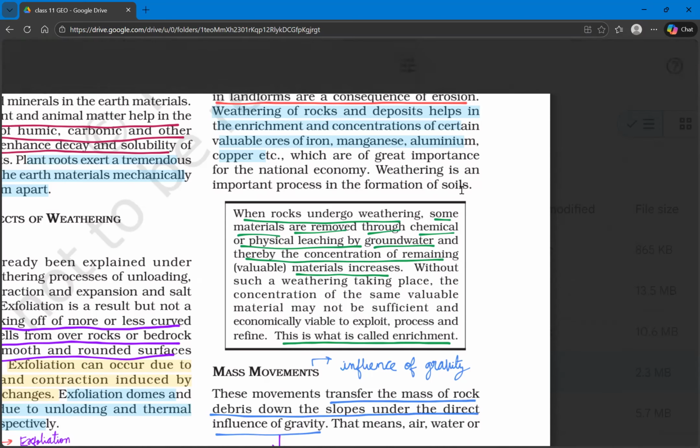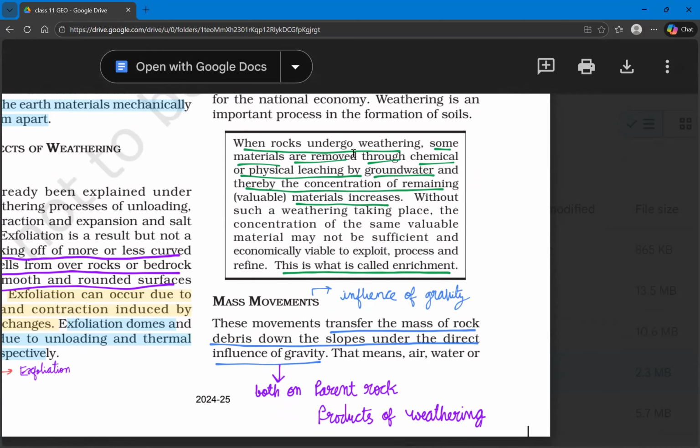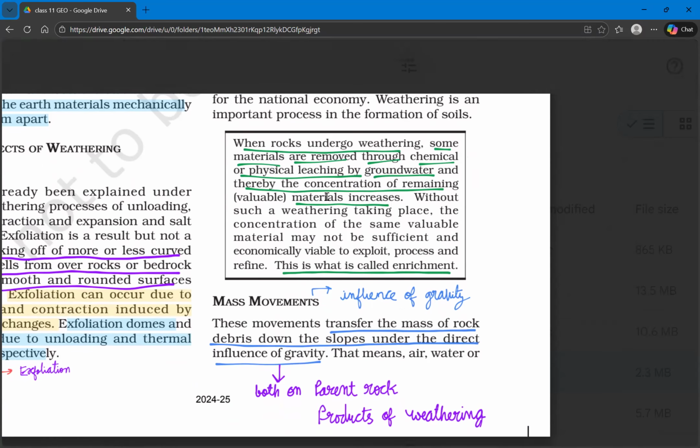So with weathering, there will be fragmentation of rocks, which later makes for the formation of soil also. When rocks undergo weathering, some materials are removed. So it is basically the result of weathering that certain materials will be removed from the rocks through chemical or physical leaching by groundwater, and thereby concentration of remaining material increases.